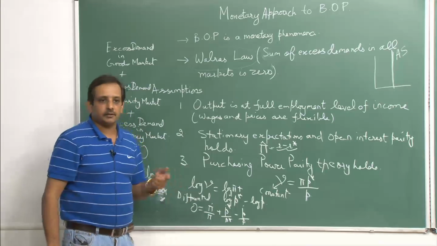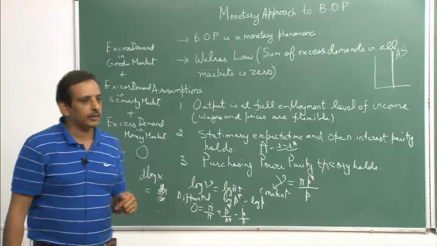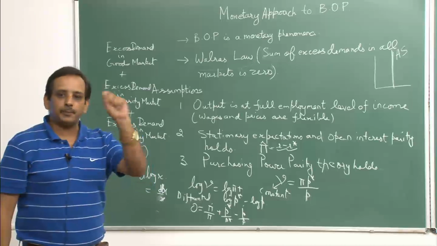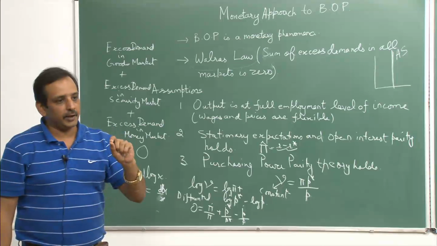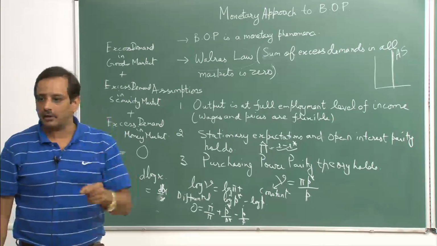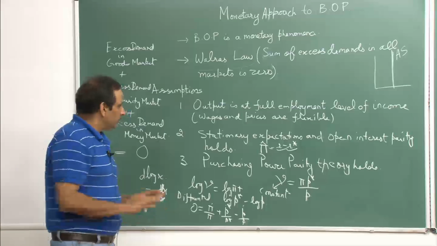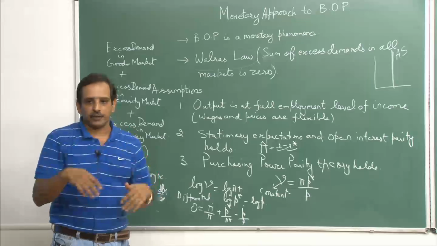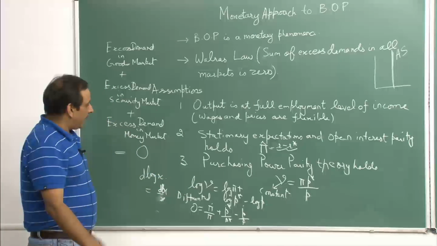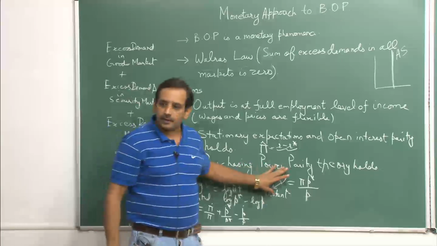And a day before yesterday we saw that expectations also have a role to play in affecting the exchange rates. So, up till now there are 3 factors which are coming out of the theory that we have been reading. Anyway, so purchasing power parity theory holds.